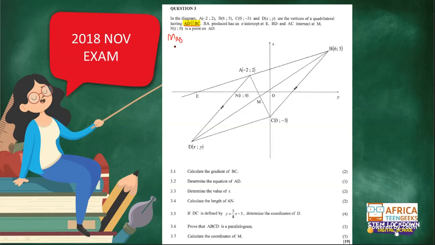Oh, great. Thank you, Kuzai. So yes, the gradient will be equal. Can you see that you already have an answer before you even work it out? The gradient of BC. Okay, great. Thank you.